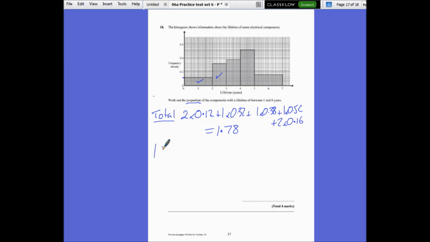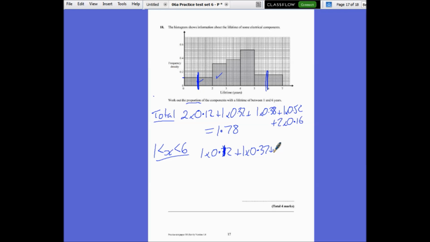The ones that just last between 1 and 6 years, we only want from here to here. So for the first bar, we're going to do 1 times 0.12, because that is just as high as the first bar is. We then want the second bar, which was 0.32 tall and 1 wide, so we'll add to that 1 times 0.32.